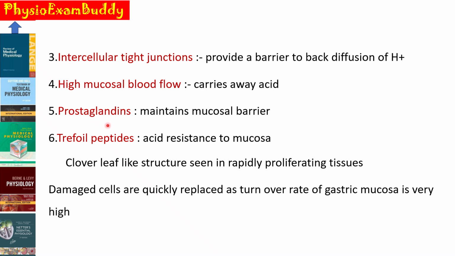Then prostaglandins help to maintain the mucosal barrier, and there is a newer thing known as trefoil peptides, which are clover leaf-like structures seen in rapidly proliferating tissues, and this makes the mucosa acid resistant. And the damaged cells are quickly replaced, as the turnover rate of this gastric mucosa is very high. So these are some of the most important factors which protect the gastric mucosa from ulceration.